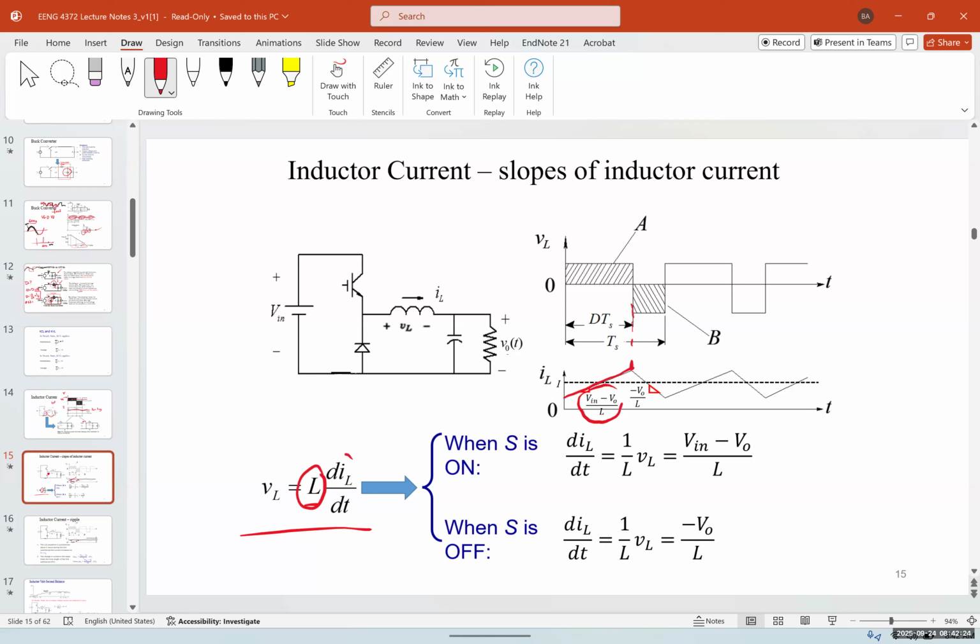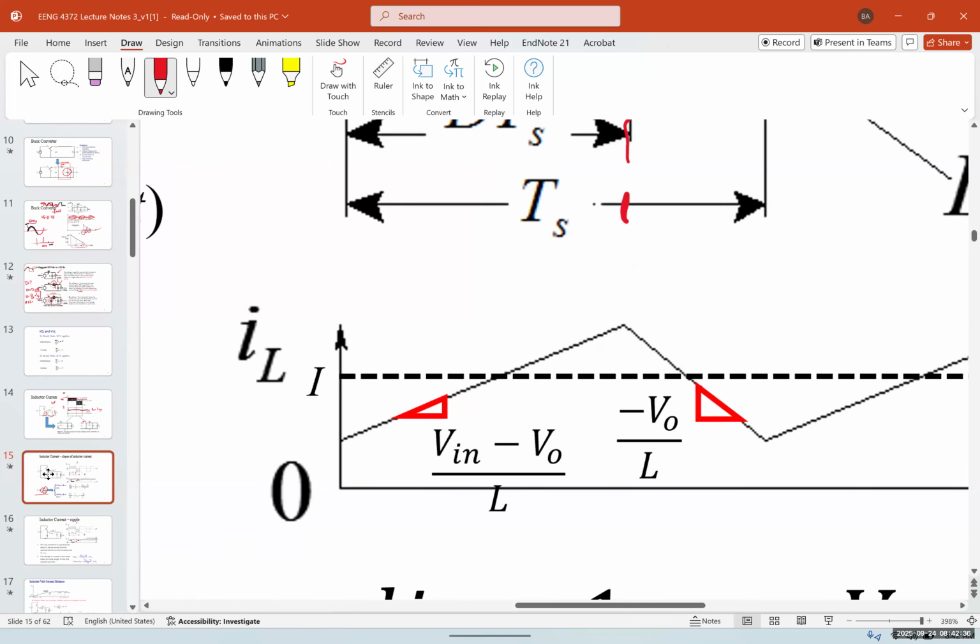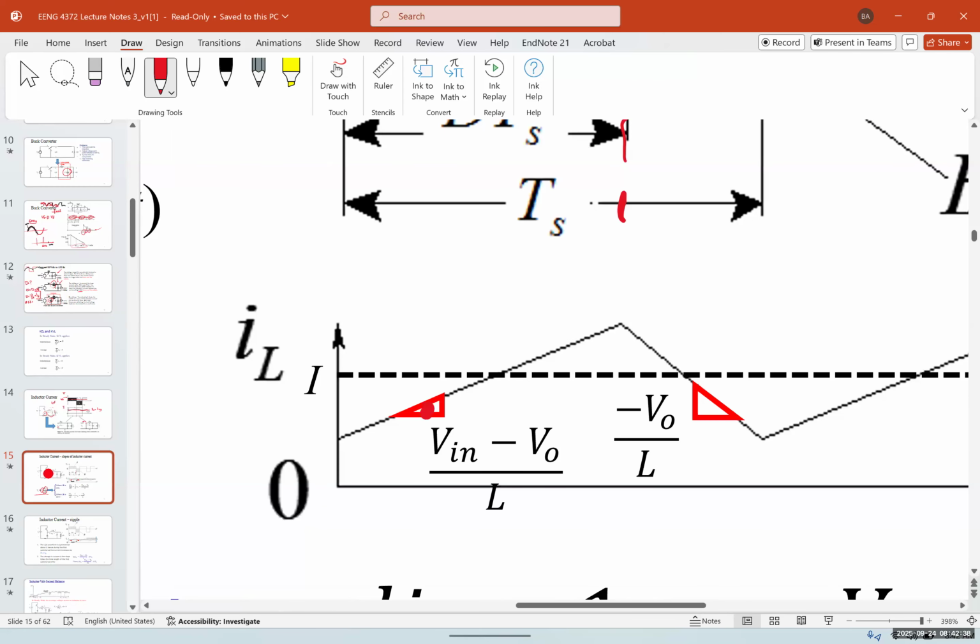When you are calculating the derivative, what does derivative mean in the graph? It means we have to find the slope, okay? So here we're going to find the slope, the alpha. Again, this slope is important for us, and this slope gives us the derivative di/dt.